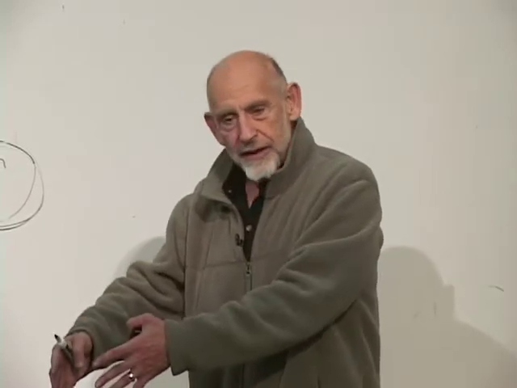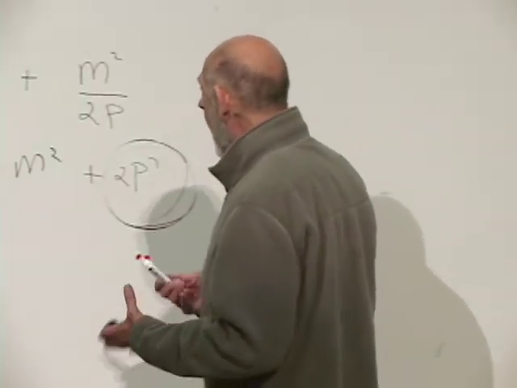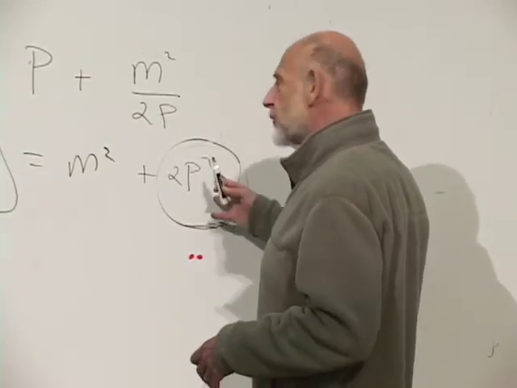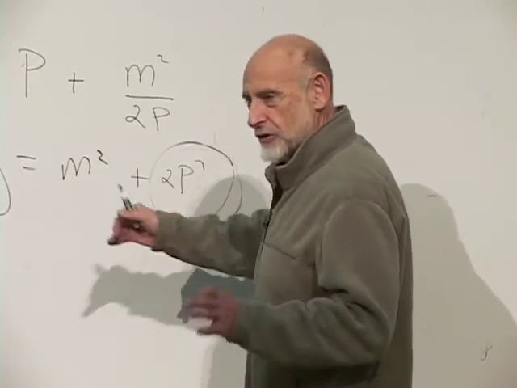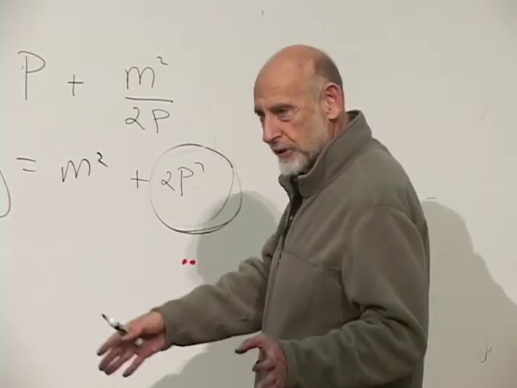It happens all the time in all kinds of contexts where you get some infinite answer and you don't know what to do with the infinite answer, but you realize that the thing which is becoming infinite already has a constant piece in it that you just add the extra infinity to the constant piece. An example is the energy of vacuum, the energy of just the mass of a particle. There are self-energies, all sorts of things like that, where you can hide infinite constants into things which are already there. I'm not saying this is a satisfactory state of affairs. It's just something that we do all the time.